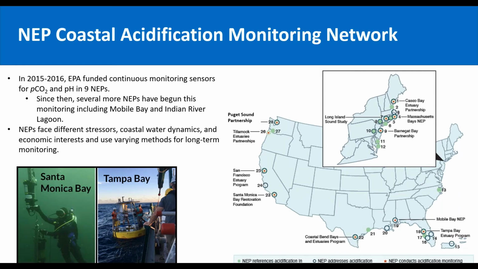But these NEPs face different stressors, different coastal water dynamics, and they all have different economic interests as well. So you'll see that there's overarching goals of the coastal acidification monitoring program, but much of it is dictated at the local level about what specific questions or concerns they have, depending upon what NEP or what part of the country you're in or what coast.